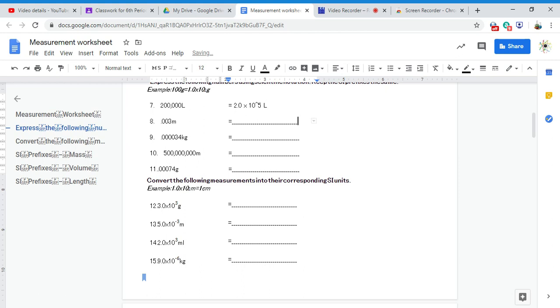The next one, I'm going to delete our line. Our whole number would be 3, so we have 3.0 times 10, and then our caret. This time it's going to be a negative. The negative is there next to the 0, it has the 2 lines on it, and you don't hit shift.